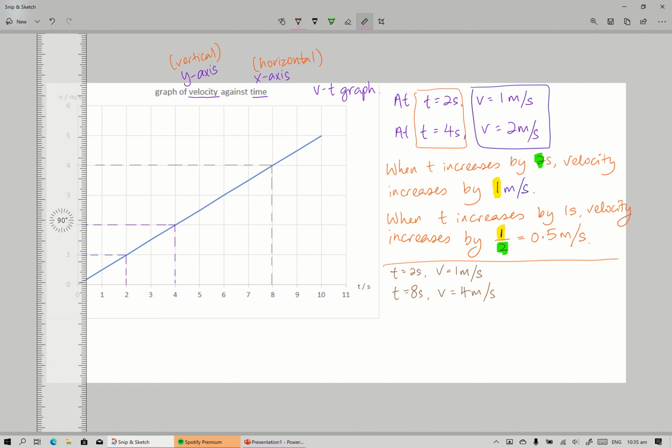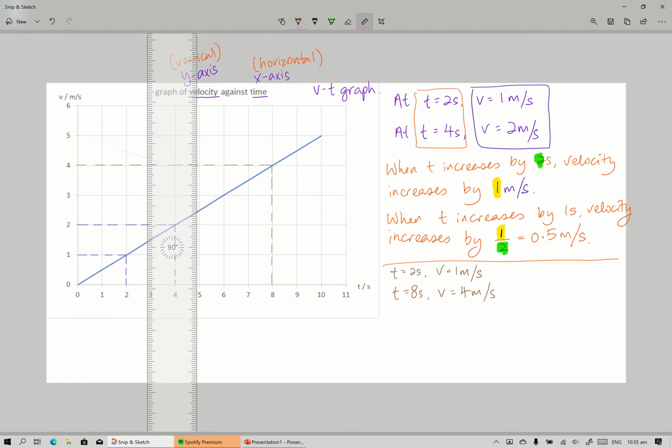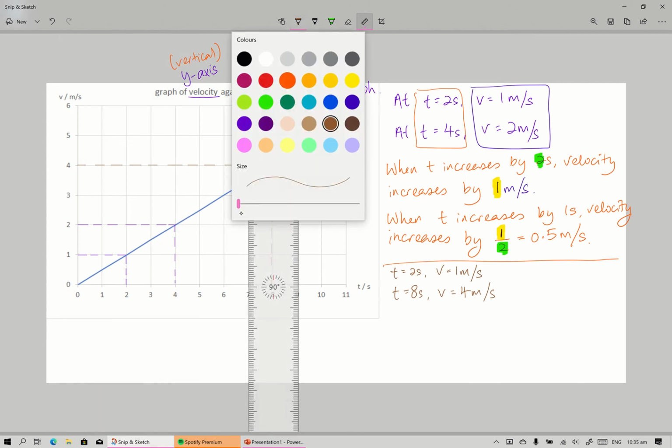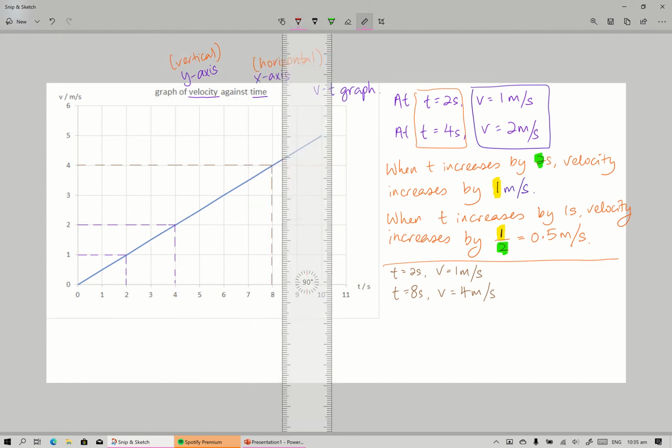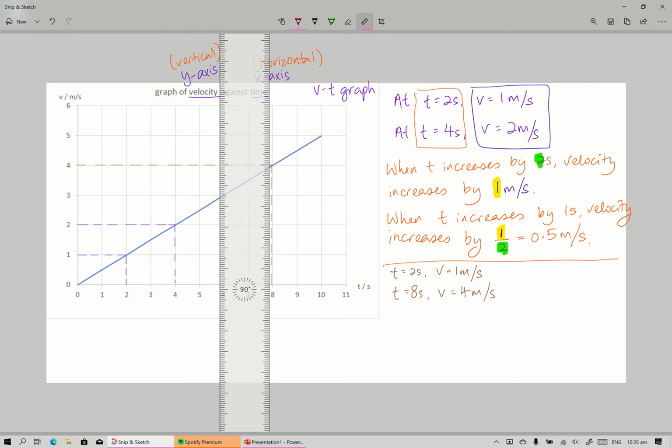Okay. Now using this set of coordinates, how do I determine the acceleration of the velocity time graph? Sorry, how do I determine acceleration using the gradient of the velocity time graph? And you notice I use the word gradient again.